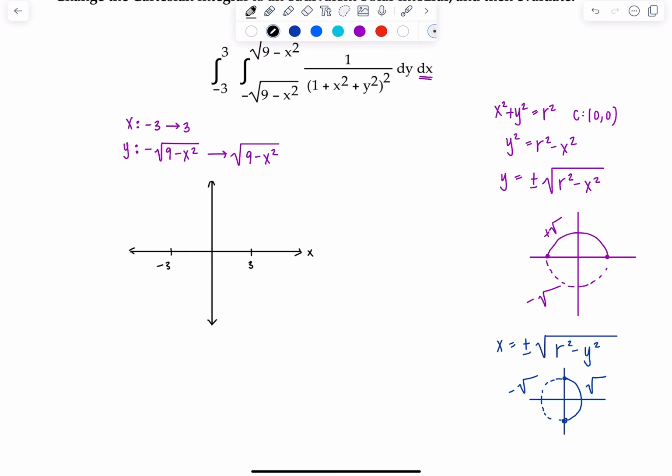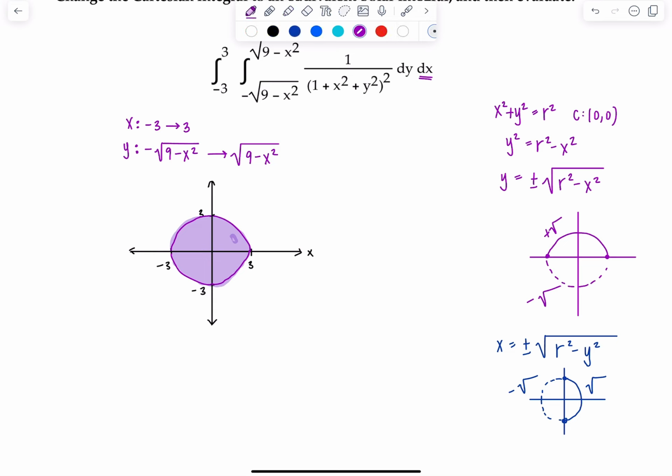And then for y, the upper bound is the upper half of a circle whose radius is 3, and the lower bound is the bottom half of a circle whose radius is 3. So these are the bounds for y, and then these are the bounds for x all the way from -3 to 3. So it looks like we're integrating over this entire circle whose radius is 3, centered at the origin.